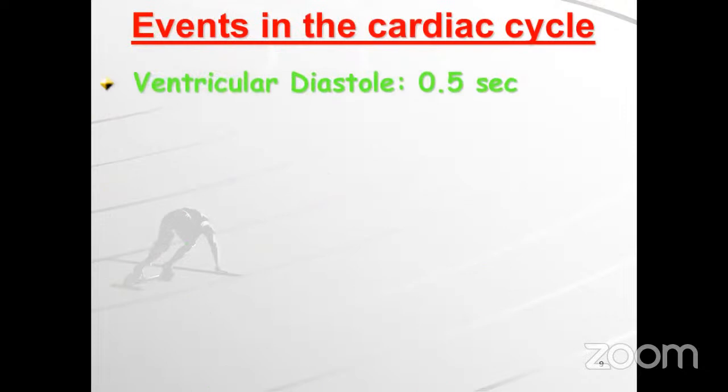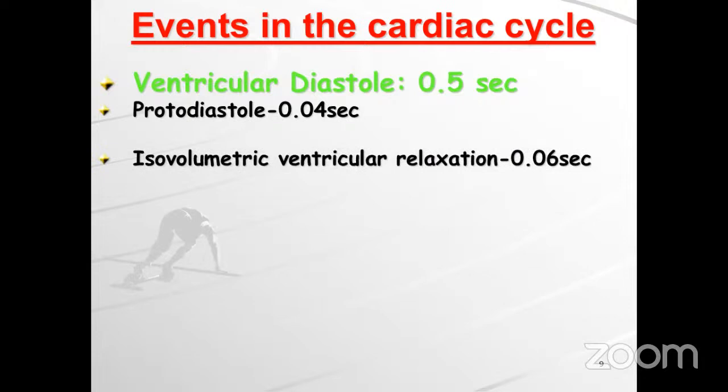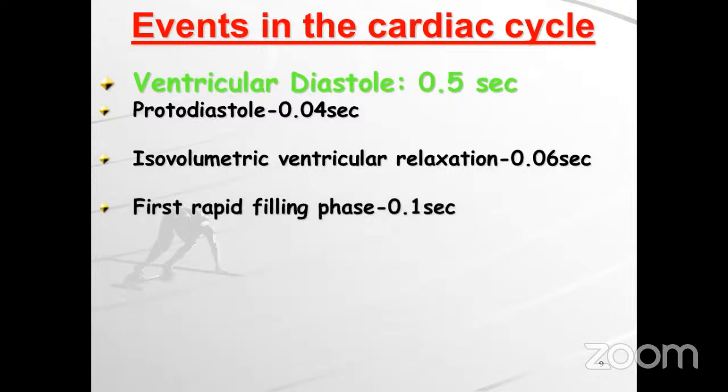The ventricular diastole of 0.5 second is again divided into protodiastole for 0.04 second, isovolumetric ventricular relaxation for 0.06 second, first rapid filling phase for 0.1 second, and diastasis 0.02 second.